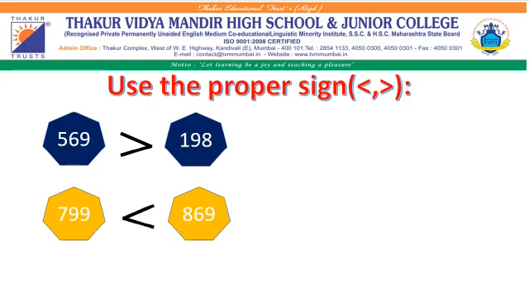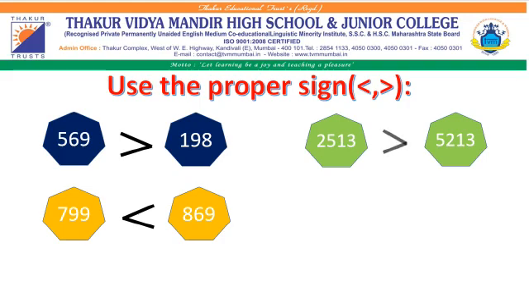Next example. Here the numbers are 2513 and 5213. Here the greater number is again on the right hand side. So the crocodile's mouth will be open towards 5213.